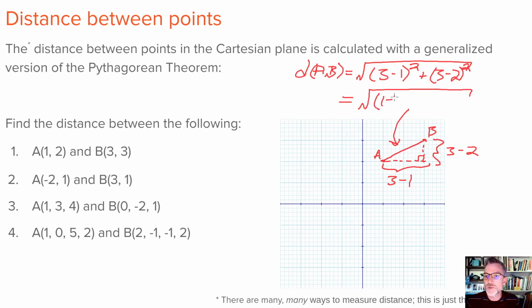I could have equally well done this, and I'll get the same number. Okay? Let me just finish that calculation. That's just 4 plus 1, square root of 5. And again, I'll leave it as the square root of 5.